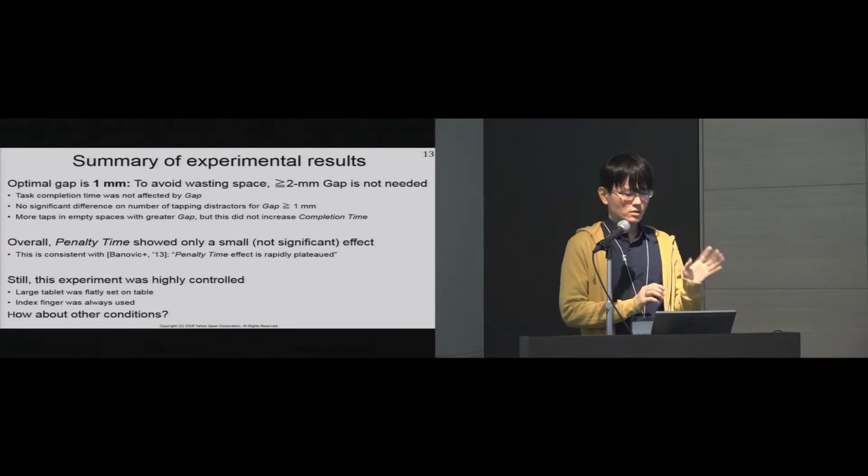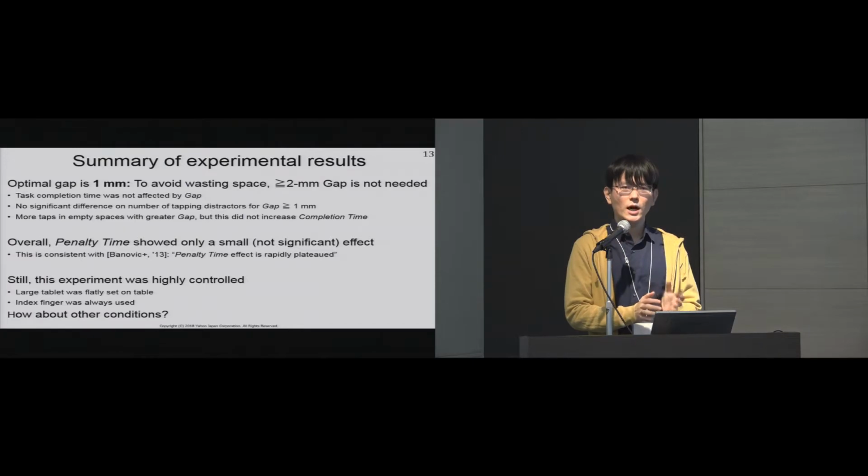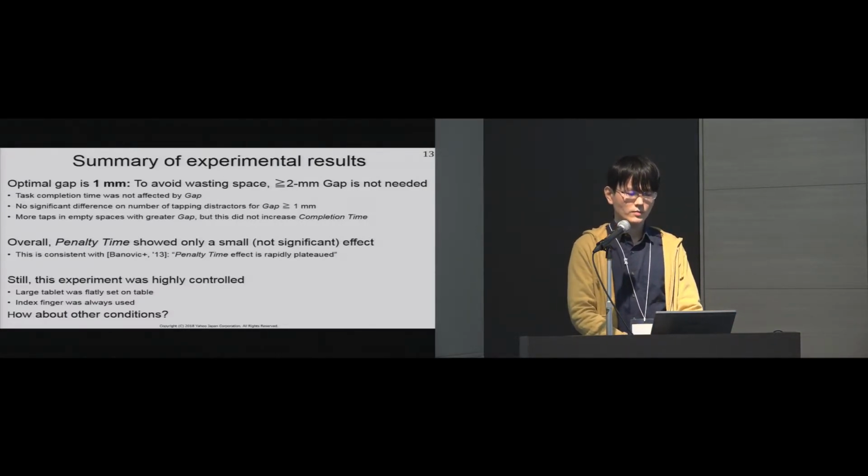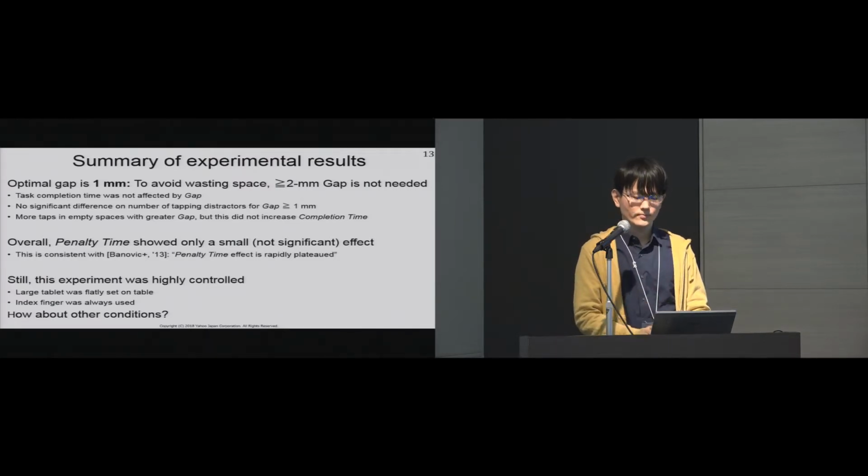However, this experiment was highly controlled because we used a large tablet and it was flatly set on a table. And the participants were instructed to use their right index finger. In such a condition, the pointing precision was so high.